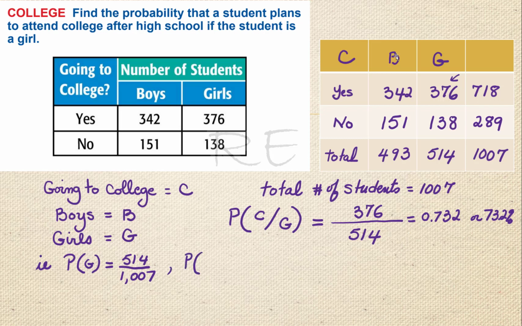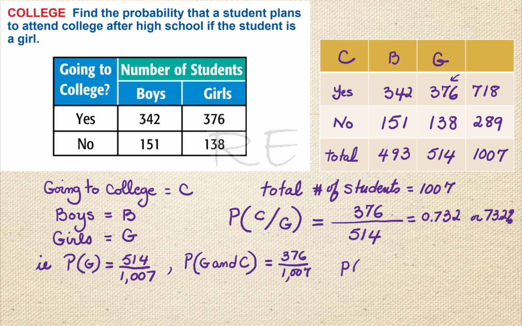And then the probability of being a girl and going to college. So the probability of meeting a girl that's going to college is 376 over 1,007.